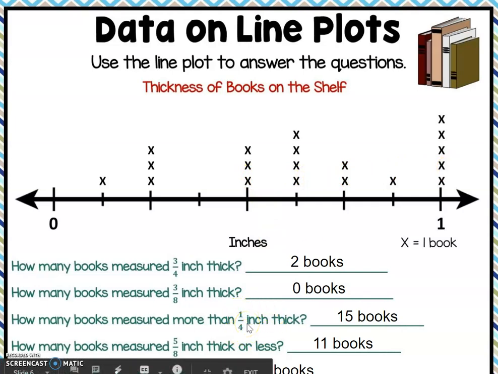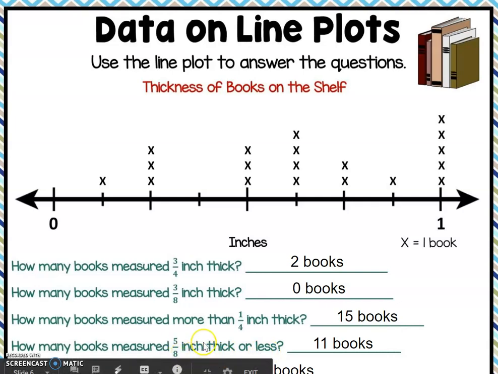That's a little bit different than question 4, which said how many books measured 5/8 inch thick or less. When this word or is in there, that becomes really important, because this means we're not just including all the books less than 5/8 of an inch, but also all the books that are exactly 5/8 of an inch.